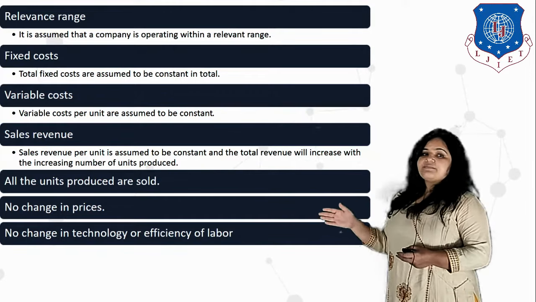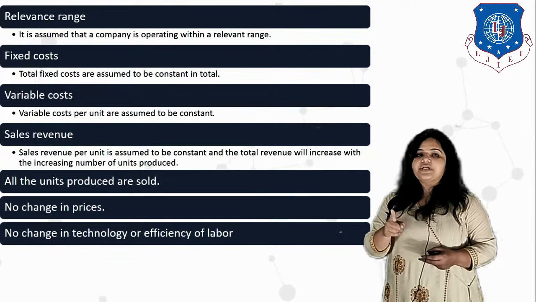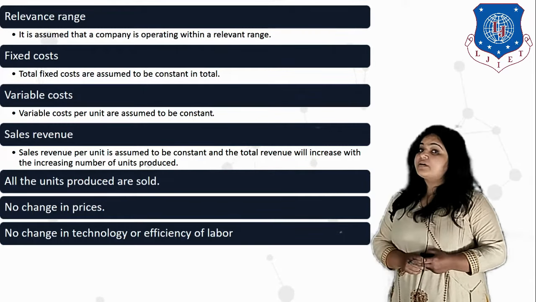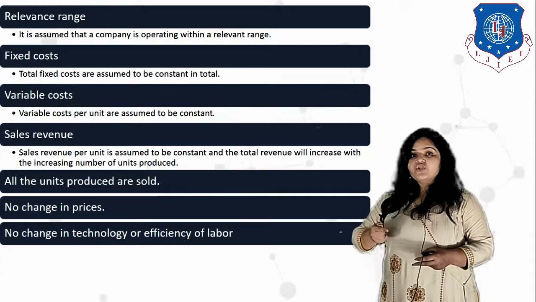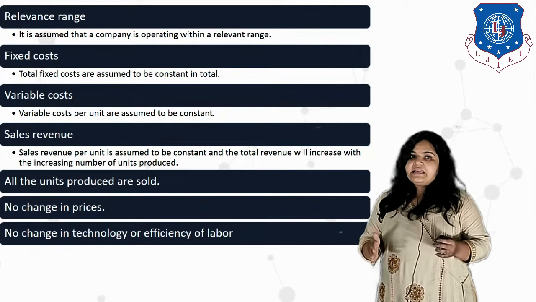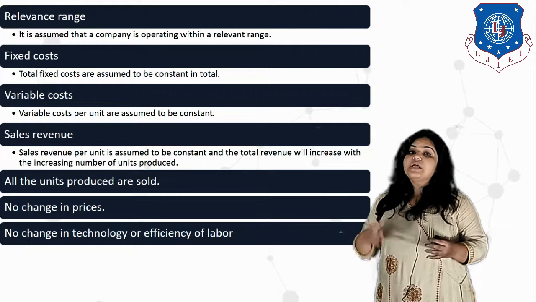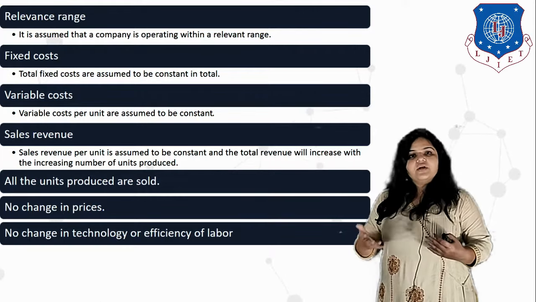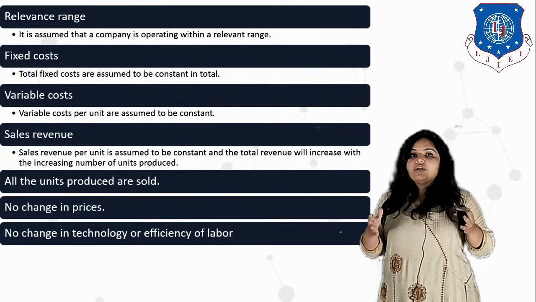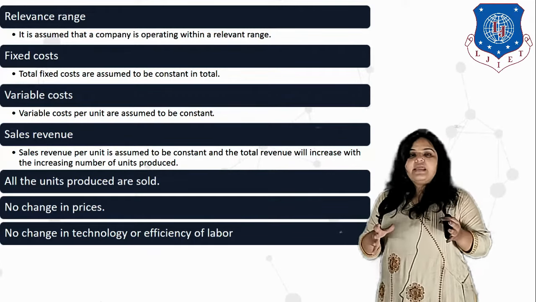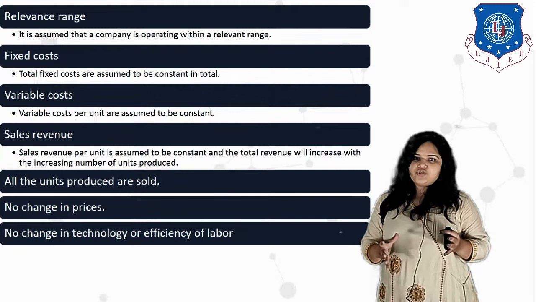The next assumption says that there is no change in technology and efficiency of labor. Why this assumption? Students, if technology changes, then your fixed cost will vary. If technology changes, then you will purchase new capital or new instruments to adapt to that changed technology.